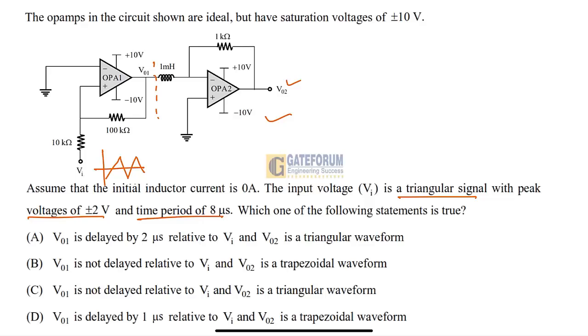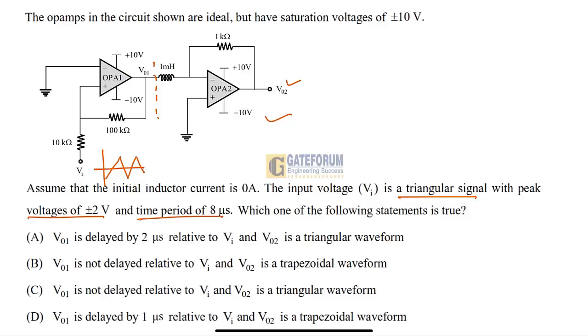If it is not delayed, then we have to check options B and C. As a second part, the square wave coming from the output of the first op-amp is given to the second stage, as an input to the second op-amp.